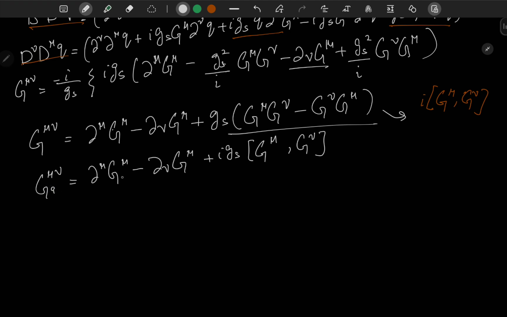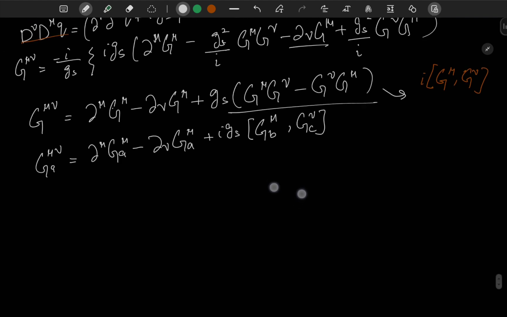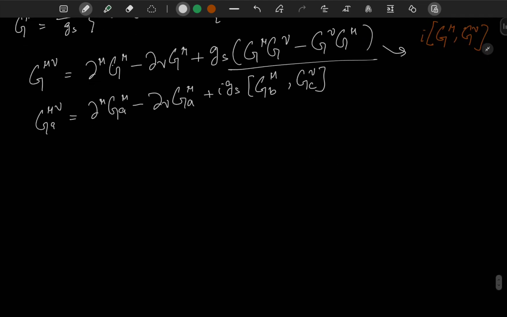Let's write this in the index form, with indices b and c. Okay, so this is in the component form.